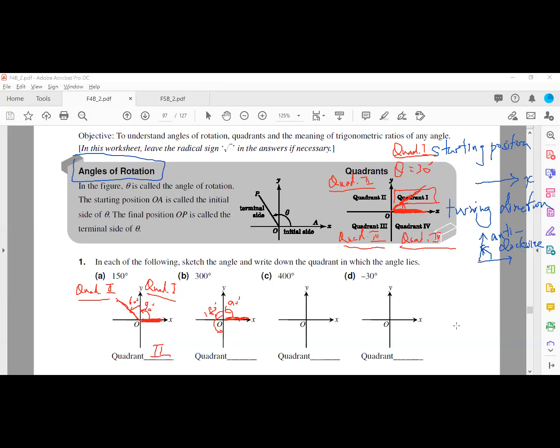This is 270 degrees. 270 degrees is not yet 300 degrees, so we need to turn 30 degrees more. 30 degrees. Okay, so this angle will be 300 degrees.